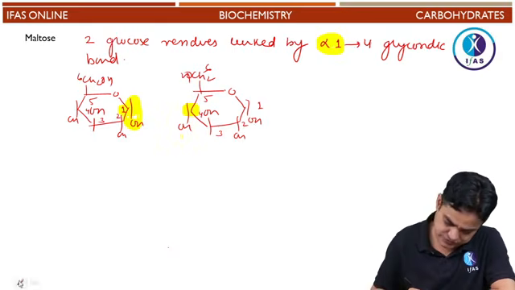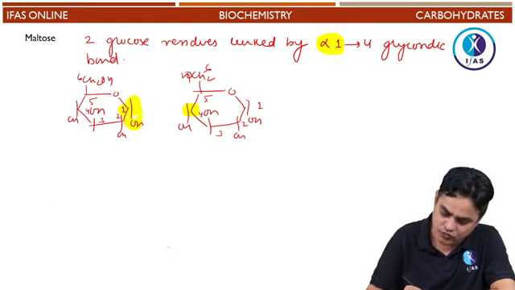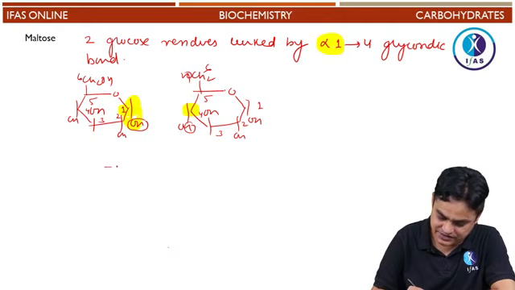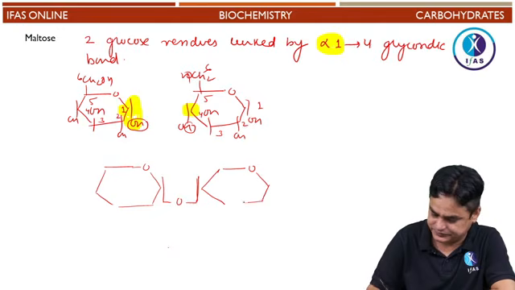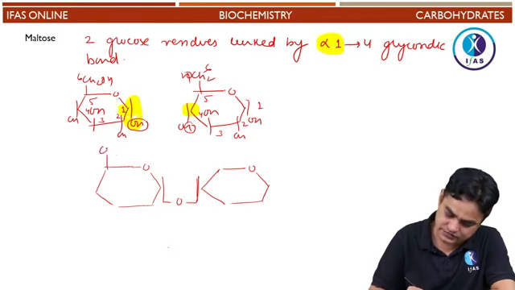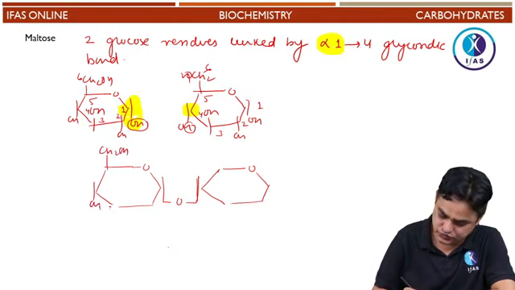So what you're saying is that now the OH group from this side and H from this side is eliminated, and there is a formation of a glycosidic bond, which could be represented like this. O-glycosidic bond is formed like this. CH2OH, this is OH, this is OH.